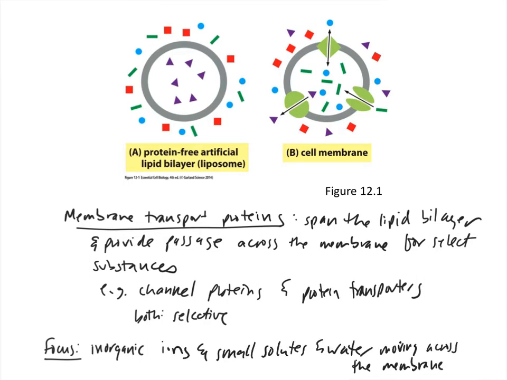A couple other things to mention is that you have learned about membrane proteins, in particular in ATP production in the mitochondria, and so these membrane transport proteins are absolutely crucial for allowing those processes to occur.